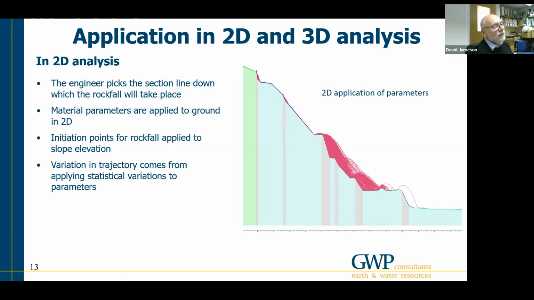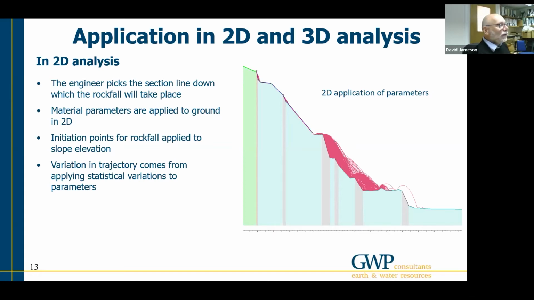Consider the condition of the face, the size of the blocks that are on the face and where they might come from, and whether any rock fall might be channeled into gullies which might dictate the direction in which it might move. So that was very much an engineering judgment on where the blocks might fall down the face.